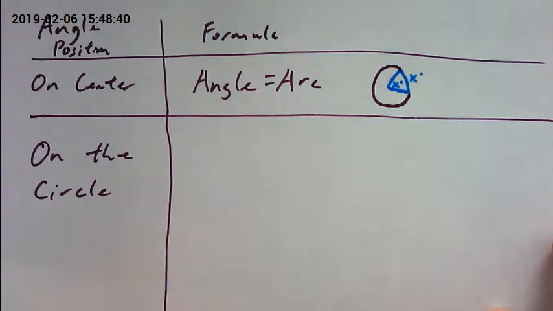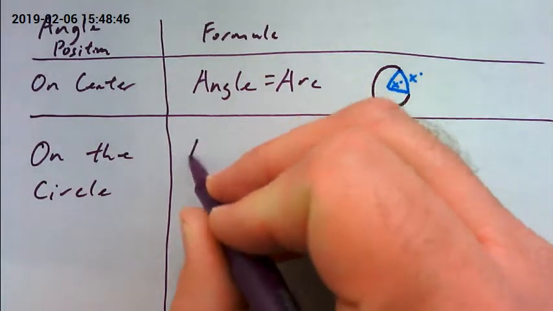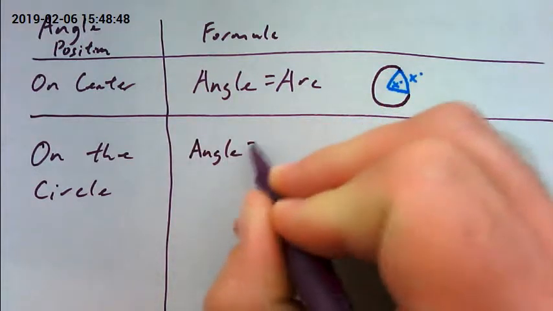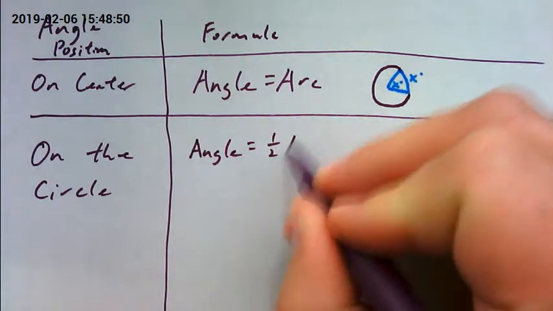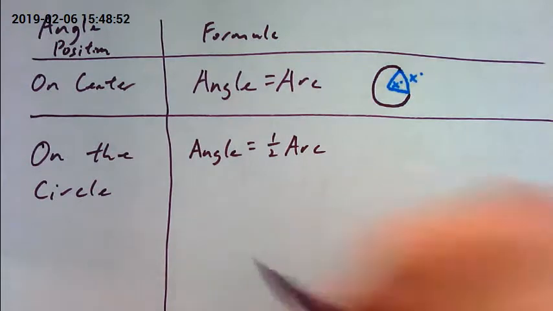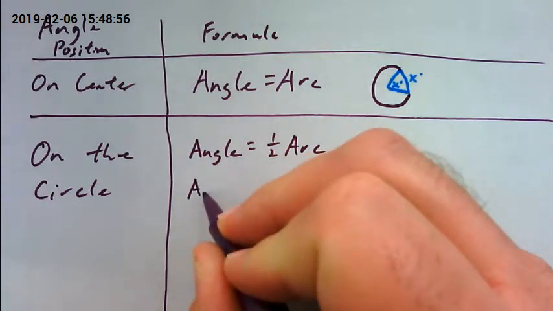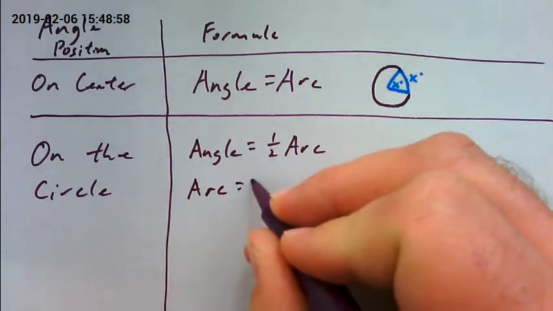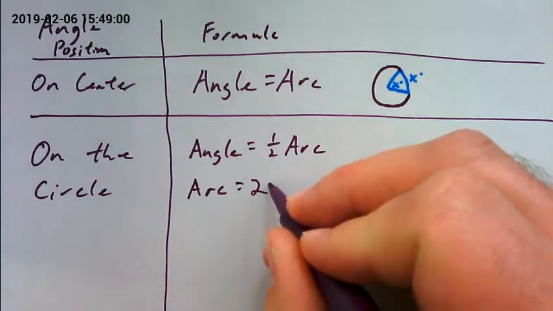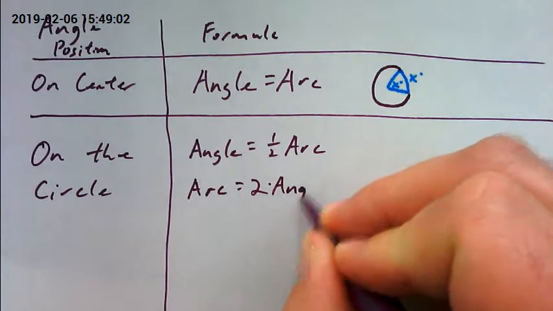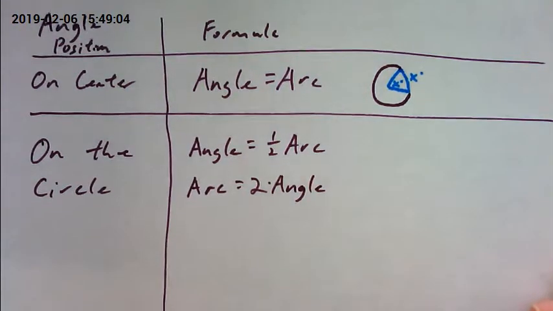Yeah, so that goes for inscribed angles or any other angle that falls on a circle. So the angle will be half of the intercepted arc. Or if you wrote it the opposite way, the arc will be equal to 2 times the angle, or twice the angle, double the angle, however you want to phrase that.